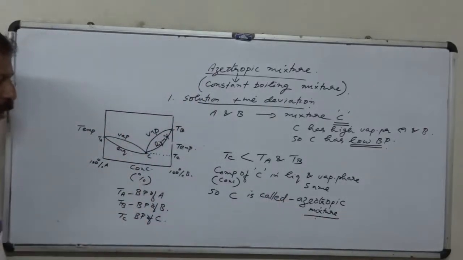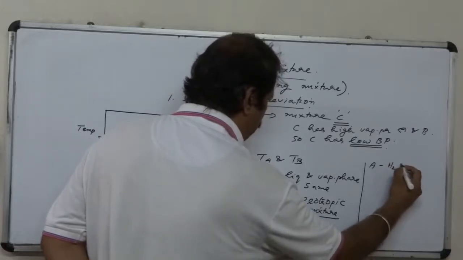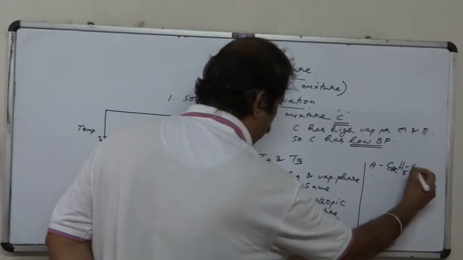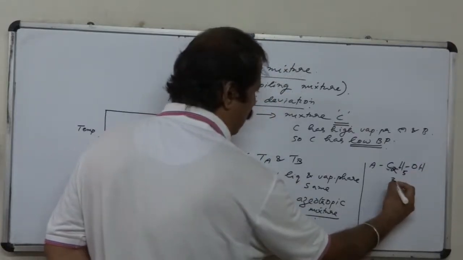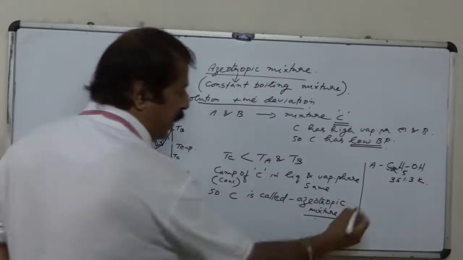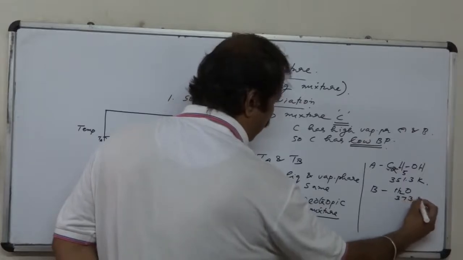So I will give you an example. We take A as ethyl alcohol. You know the boiling point of ethyl alcohol is 351.3 Kelvin. And B is water. You know the boiling point of water is 373 Kelvin.